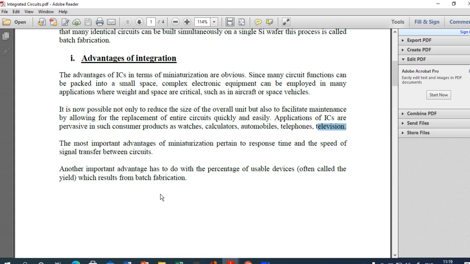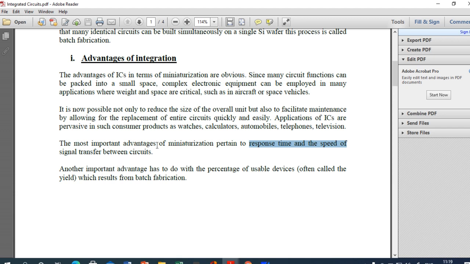Okay. Now we'll come to the next most important advantage, miniaturization, because of its small size. With respect to time and the speed of signal transfer between the circuits, even though it is small in size and requires very little power, the speed of this device is very high now, because it is capable of transferring the signals between two circuits much faster than the previous technology.